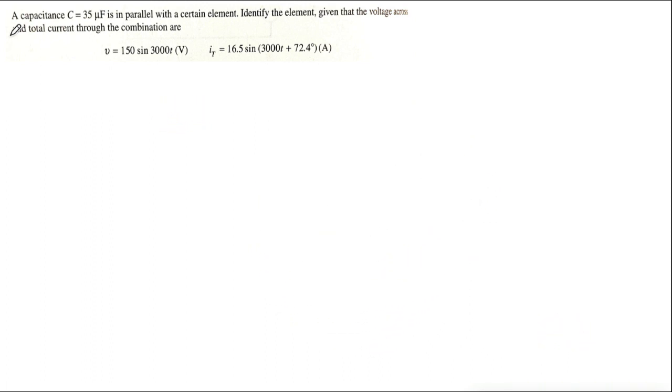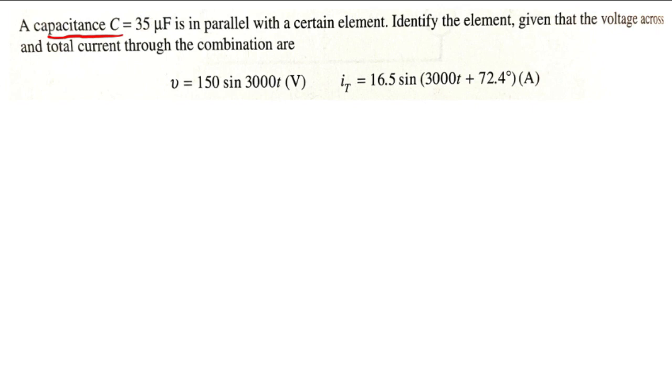If in case you encounter this kind of problem with a capacitance, which is 35 microfarad, in parallel with a certain element, and you are to identify this element and also find the value of this element, given that the voltage across the circuit has a value of 150 sine 3000 t, and also the total current of 16.5 sine (3000 t plus 72.4).